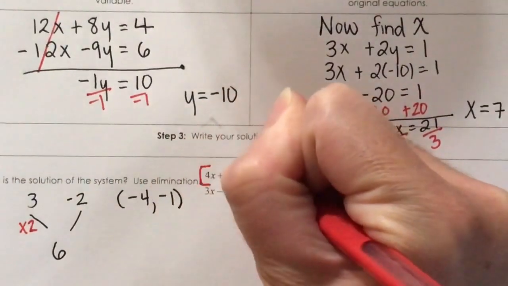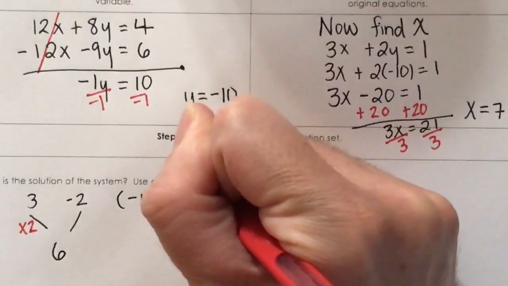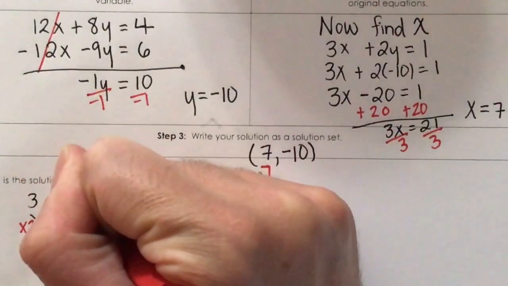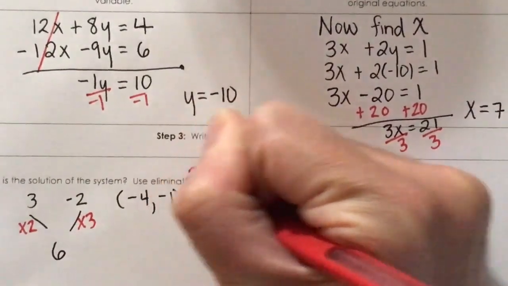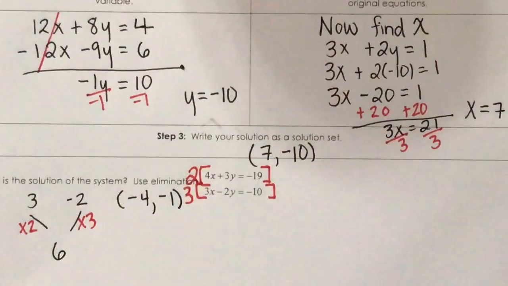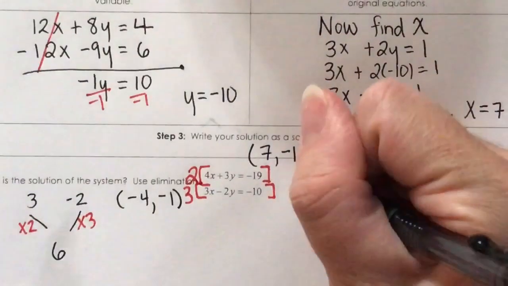So the 3y, well, that entire equation I'm going to times by 2. What I have to multiply the negative 2 by to make it a 6? I've got to times it by 3. So I'm going to multiply the second equation by 3. So distribute through the 2 to the top.